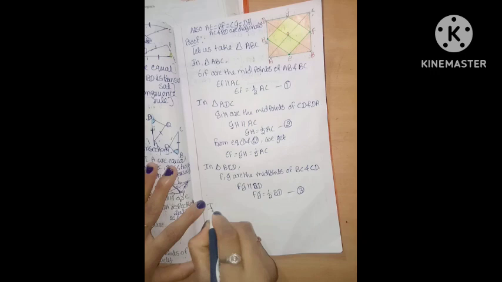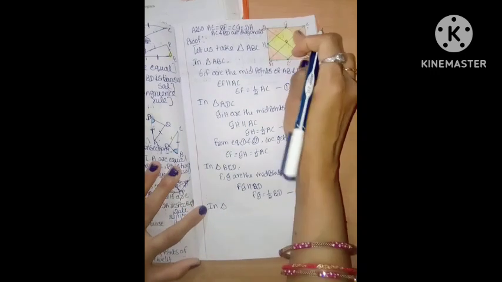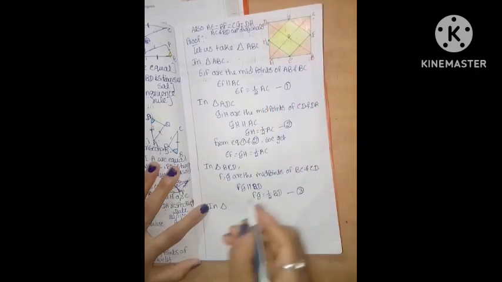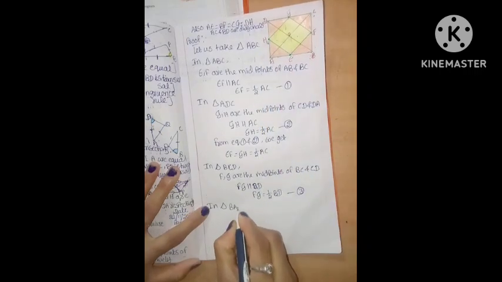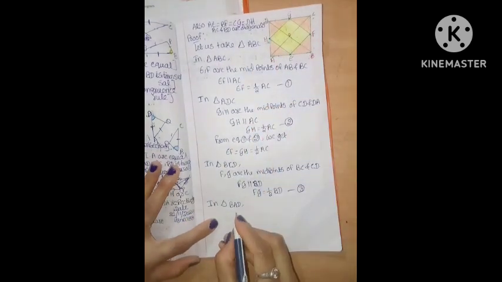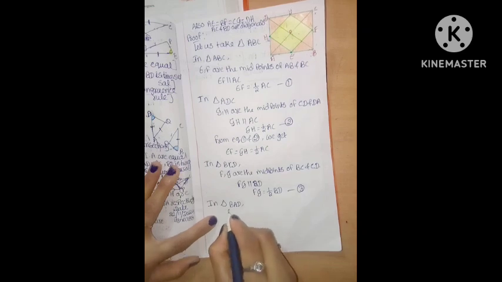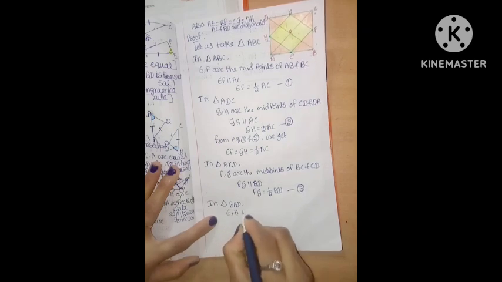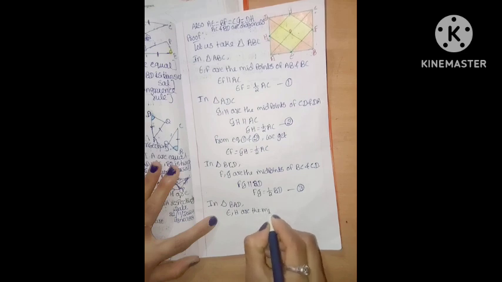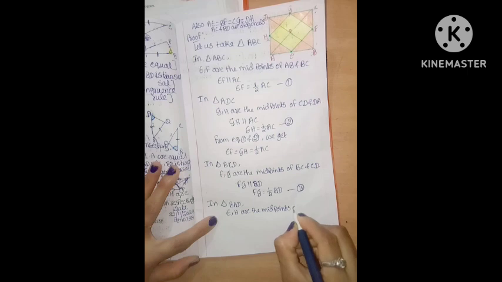And next, let us take another triangle, the opposite triangle, which is triangle BAD. In triangle BAD, E and H are the midpoints of sides.